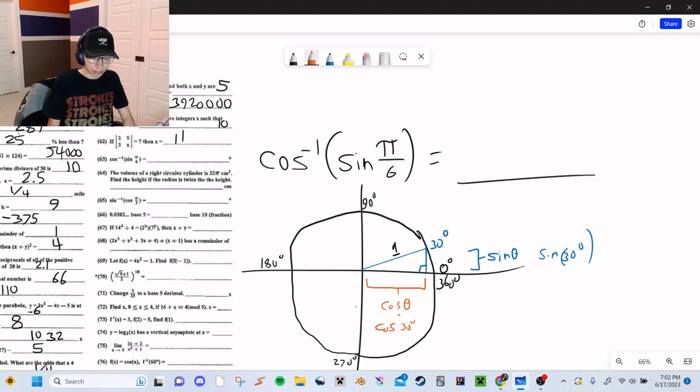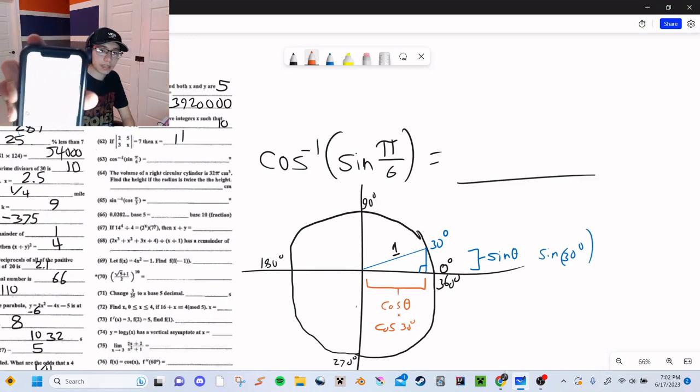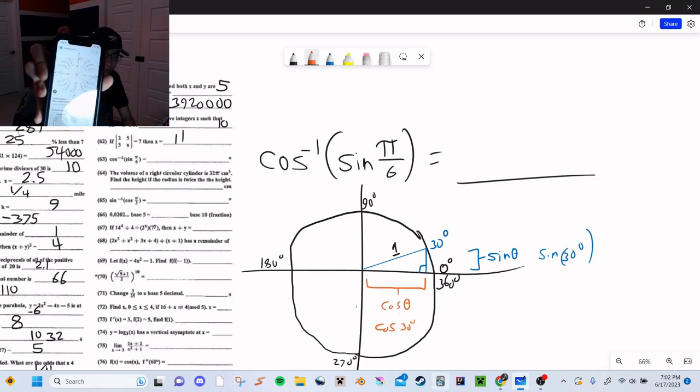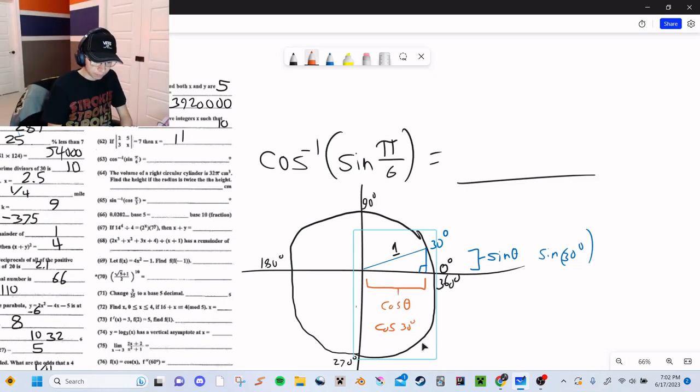You could Google unit circle, go to images, and you'll see a graph like this, right? And you just want to study this. Spend like 2 or 3 hours studying this image until you've gotten everything down.